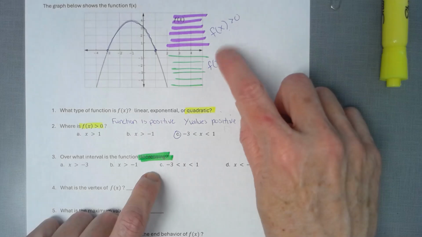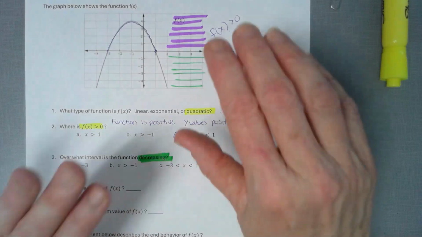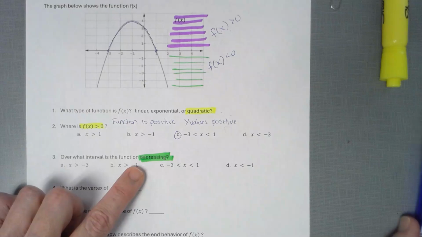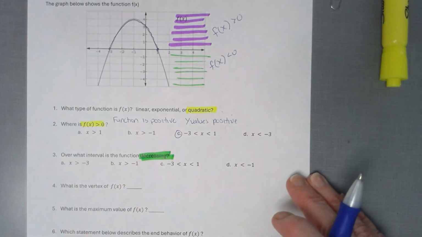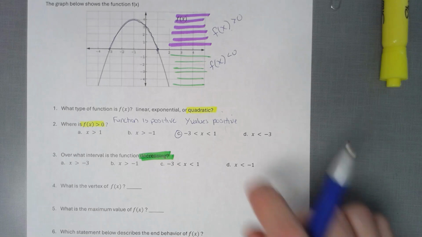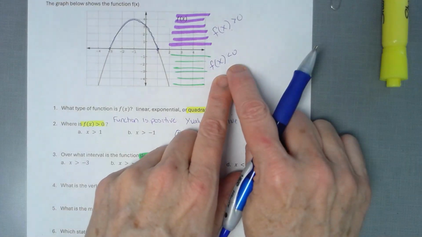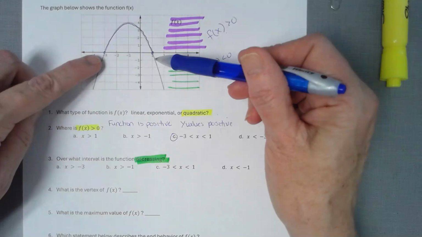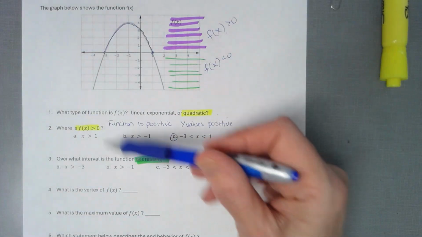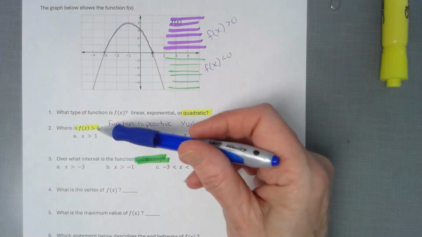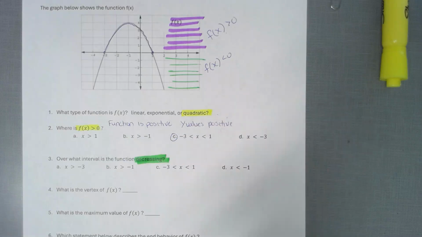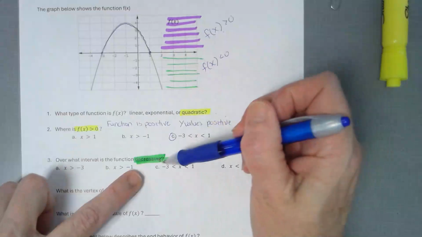These aren't even talking about the same two characteristics. Decreasing is where you're going downhill on the curve. Where the function is negative is where the values of y are negative. They are not connected to each other, that question and that question.